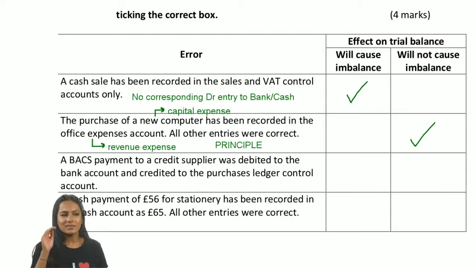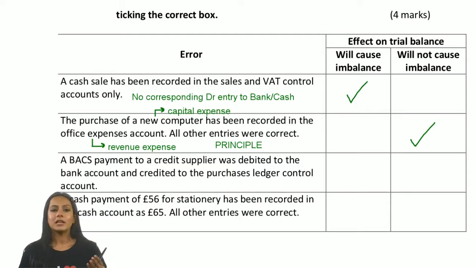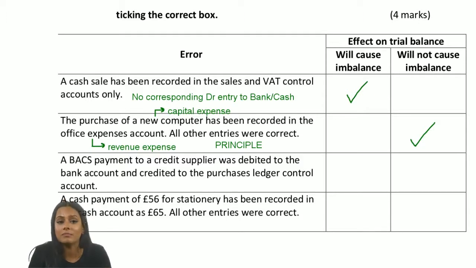So if you debit the bank account and credit the purchases ledger control account, it means you've swapped the double entries over. If you pay a supplier some amount of money, then it means you owe the supplier less. And to reduce your liability, you should debit the purchases ledger control account, not credit it. If you credit the account, it means you're increasing the amounts due to the supplier.